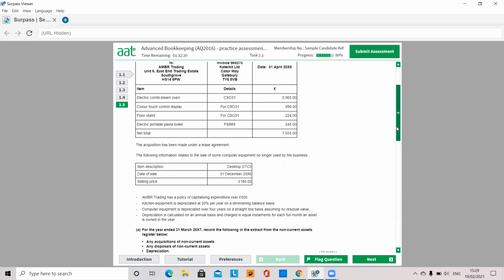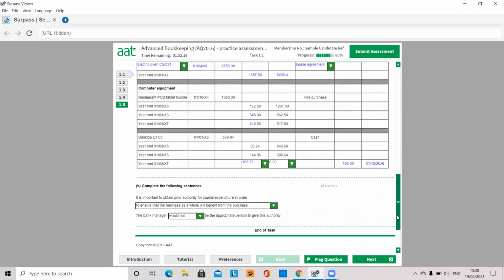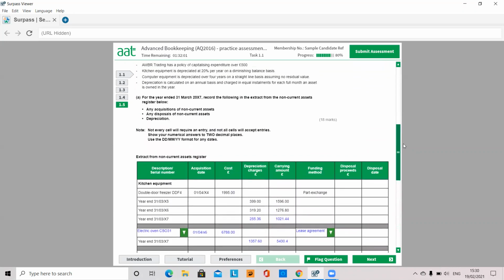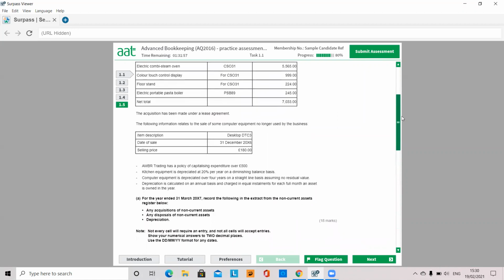I'm going to find that one and put that information in first. So it's the DT3. Again, forget about depreciation for the moment. I'm putting the proceeds in, which is £180, and it was sold on the 31st of the 12th, 2006. So we've put that information in.